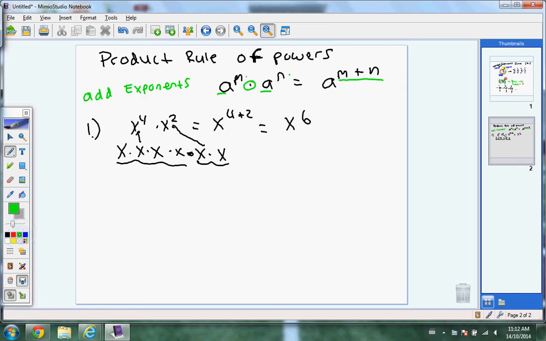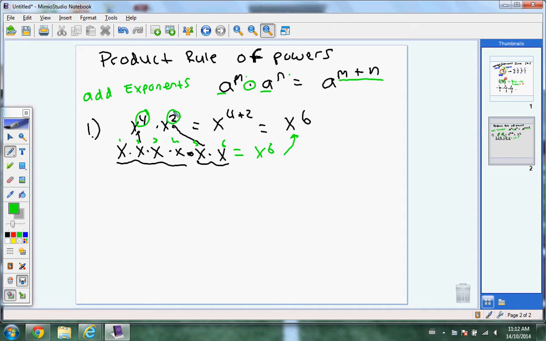Well, I have 1, 2, 3, 4, 5, 6. So this is x to the 6th. So again, since exponents are a multiplication property, you're multiplying them by themselves. When you're putting another multiplication next to it, you're essentially just adding these together to make it a total of 6 times. Okay? So you're adding the exponents on the product rule of powers.